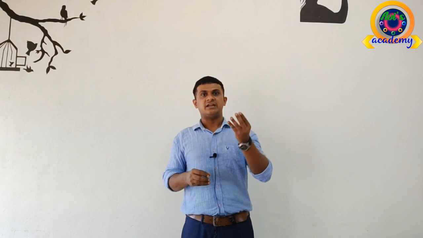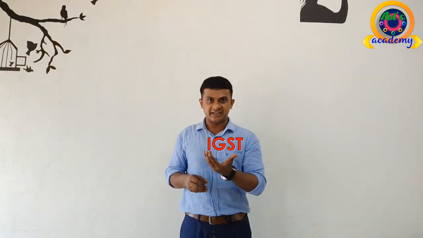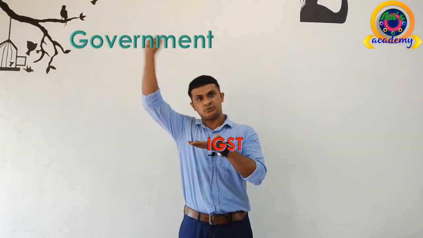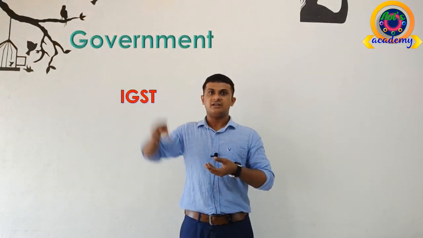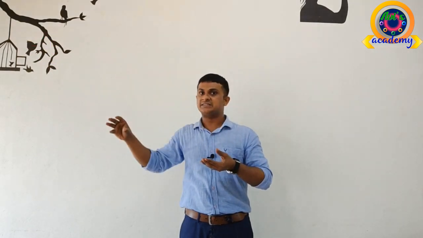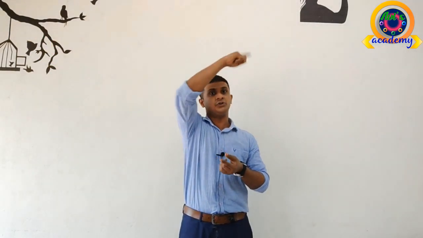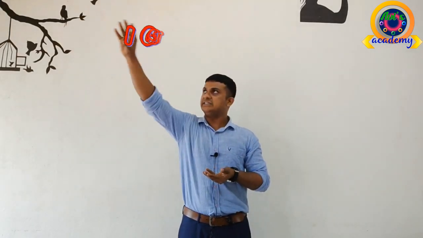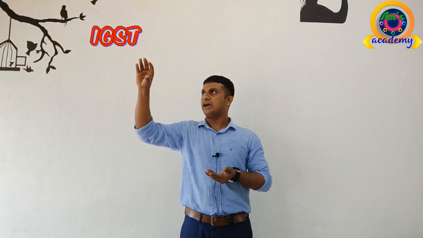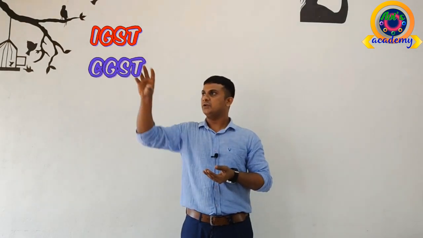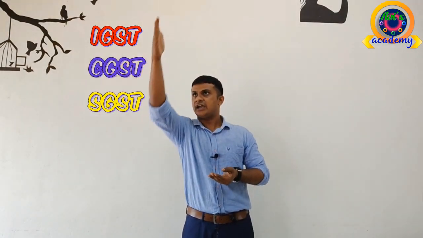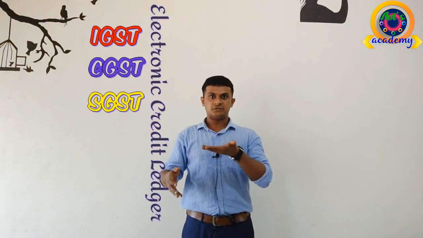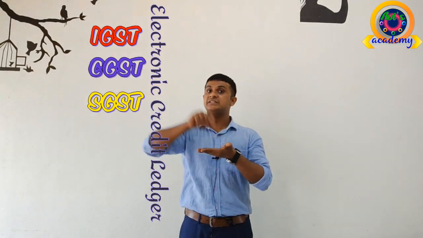So it means if you have IGST tax liability, if you need to pay IGST tax liability to the government, and if you have all these taxes as credits which you have paid on your inputs, if you have IGST credit, CGST credit and SGST credit in your electronic credit ledger, then first of all you have to use your own money, which is IGST.